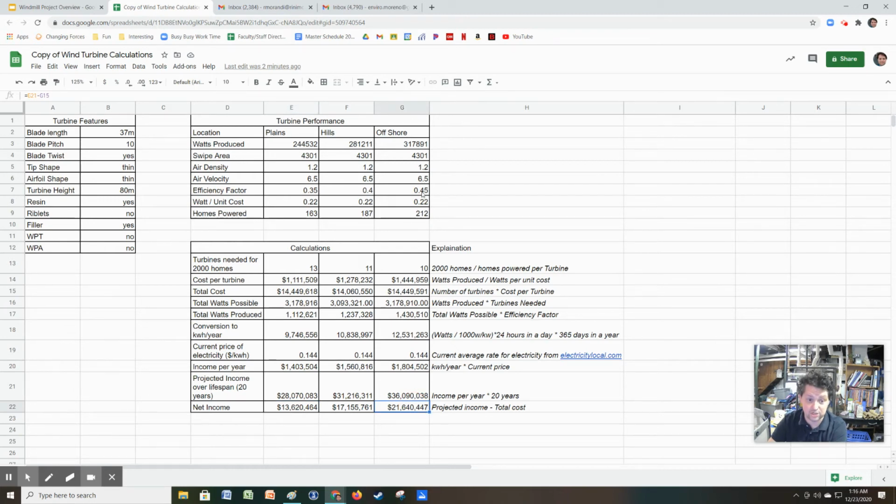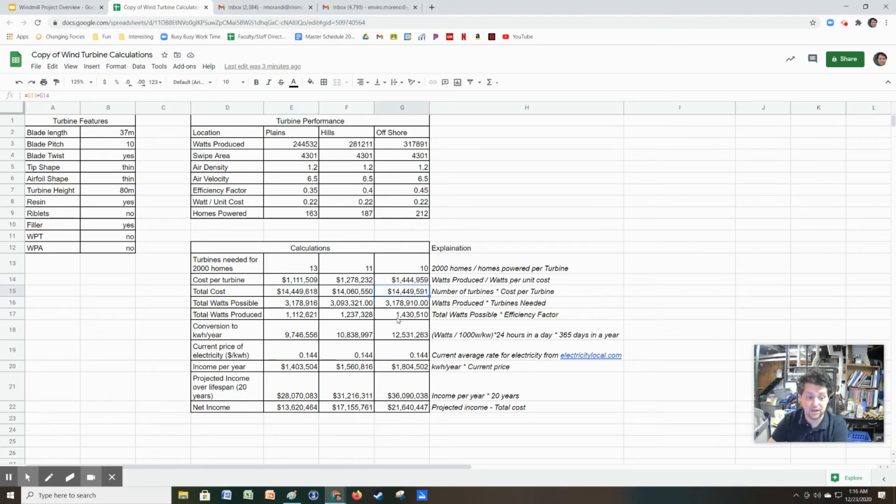It's way more efficient. I'm getting more of the energy that I want from it. Even though, actually, it cost me less than the other one, because this one needed 13 turbines and this one only needs 10. So it's actually costing me less to start up.